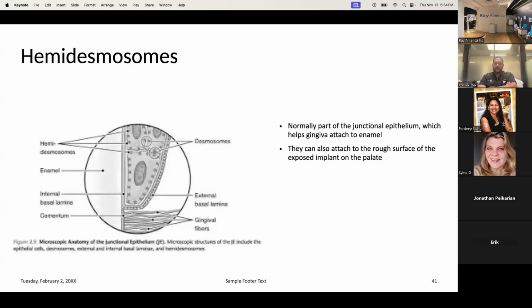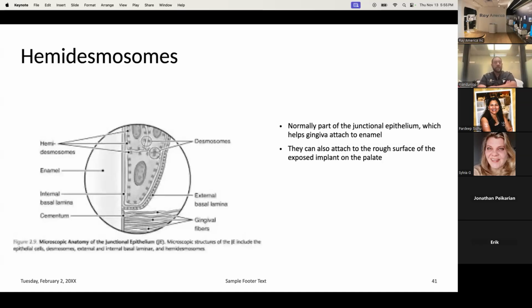They act like Velcro, where gum tissue will adhere to the roughened surface of the dentin and attach to it. So when we have an exposed thread of our implant and it's kind of a rough surface, these hemidesmosomes will attach to the surface of the implant and seal off the peri-implant tissue like Velcro.